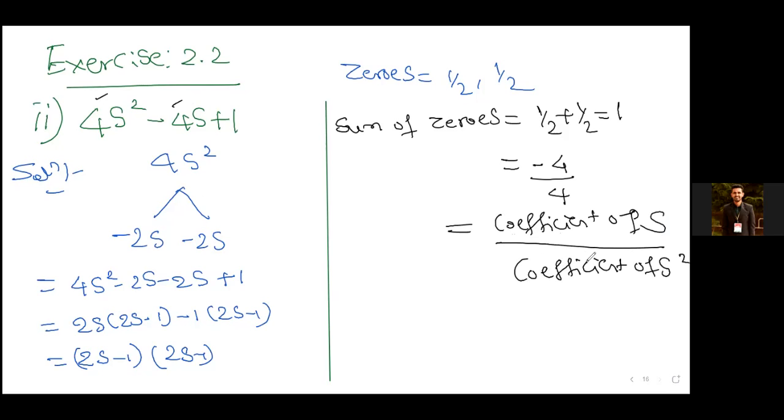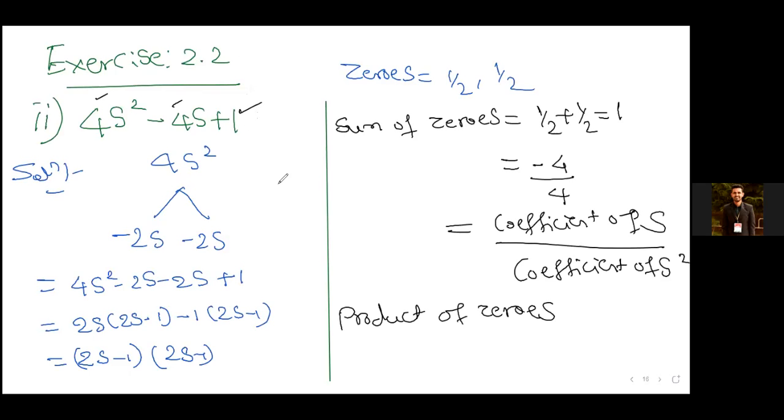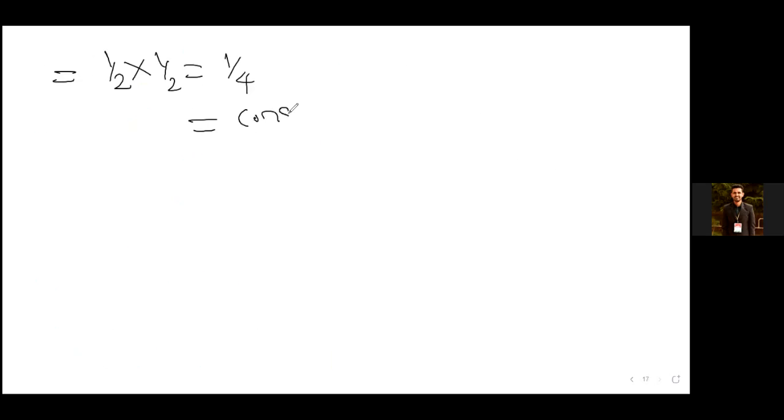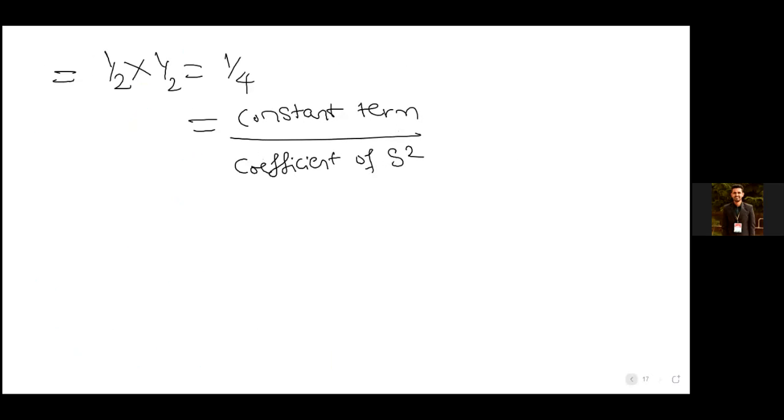Again, the product of zeros is equal to 1 by 2 into 1 by 2, which is 1 upon 4. You can see the constant term is 1 and the coefficient of s square is 4. Constant term upon coefficient of s square. Got it?